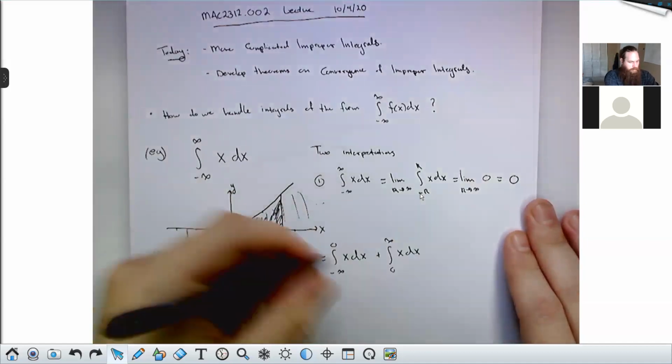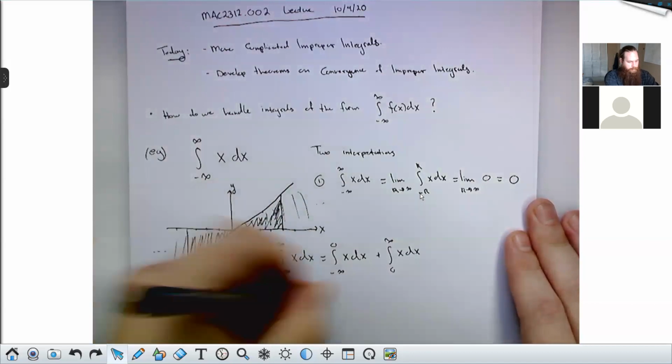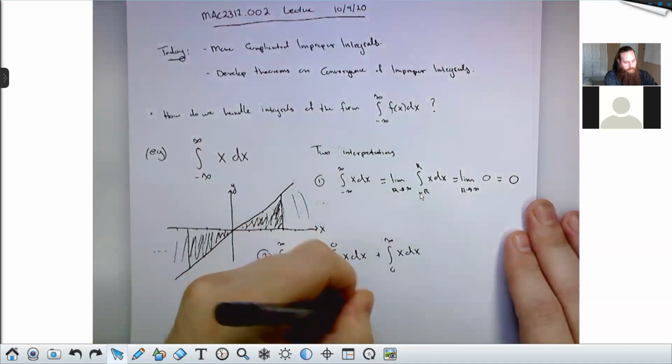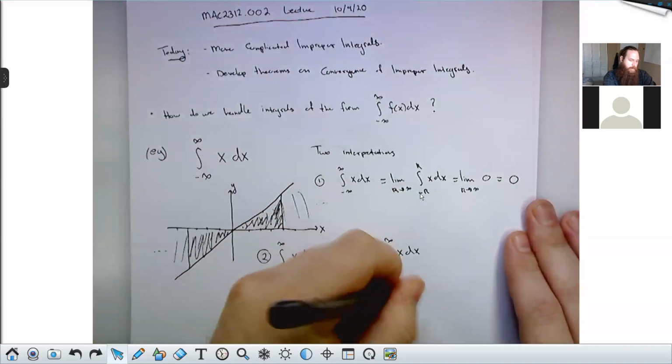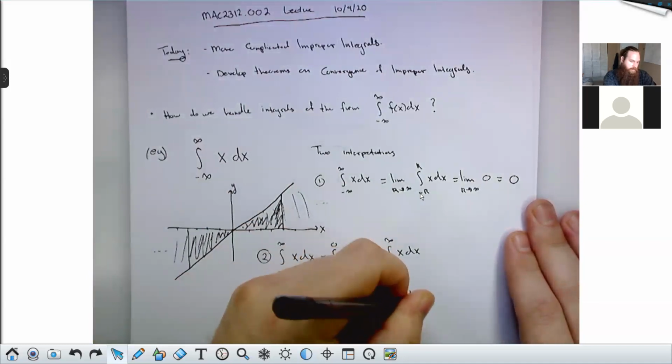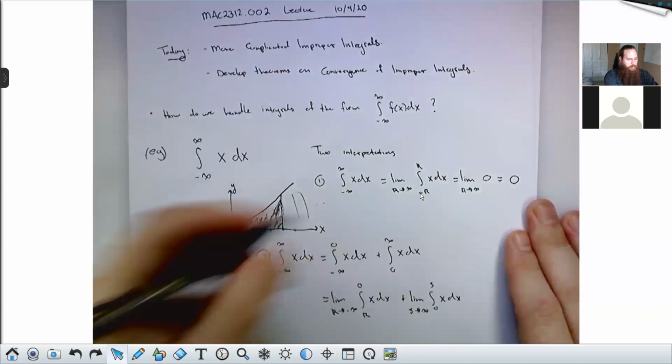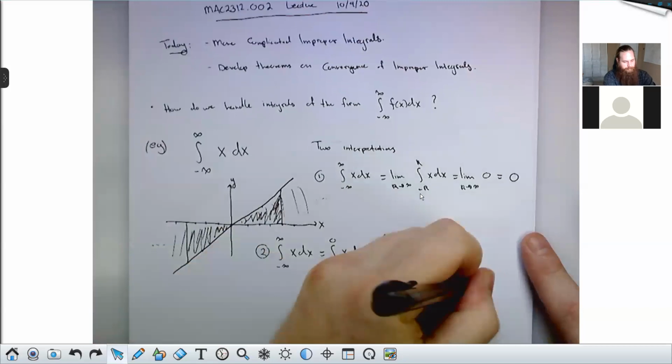And then each of those should get their own limit: the limit as r goes to -∞ of the integral from r to 0 of x dx, plus the limit as s goes to +∞ of the integral from 0 to s of x dx, both of which diverge.